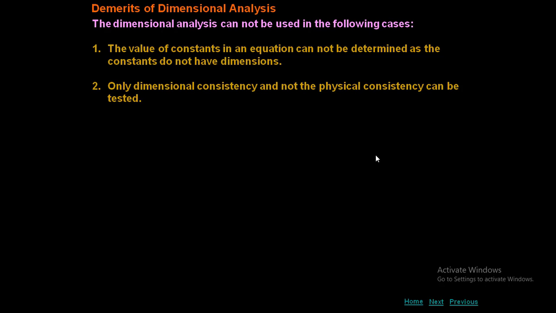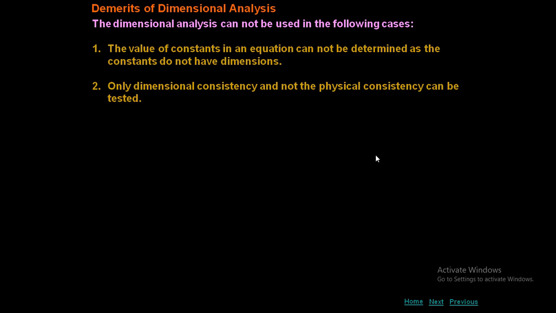Only dimensional consistency and not the physical consistency can be tested. Already we have seen one example in the application. What we have seen, v square is equal to u square plus 2as. v square is equal to u square minus 2as is also a dimensionally consistent equation. But which one is correct, which one is wrong, dimensional analysis cannot determine.